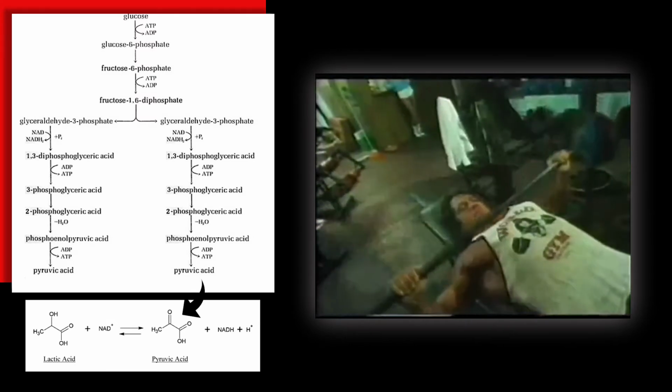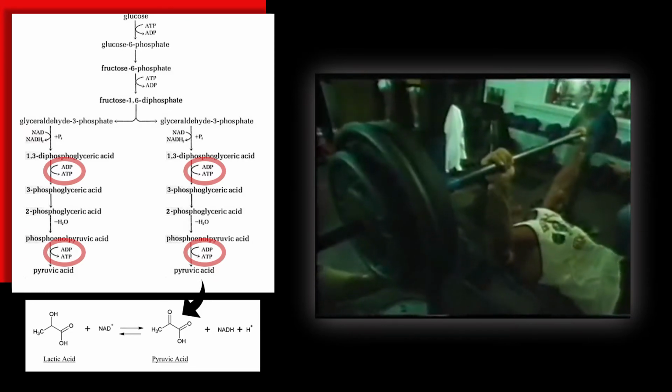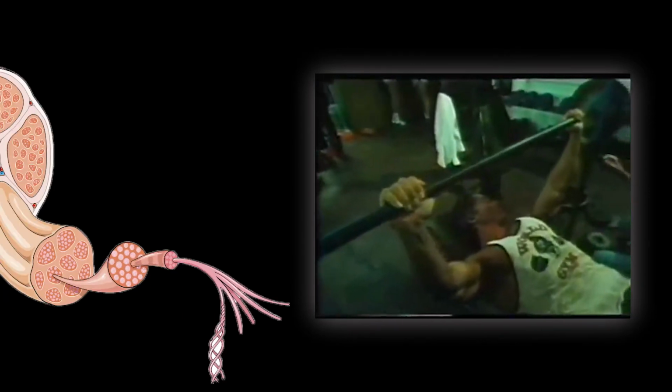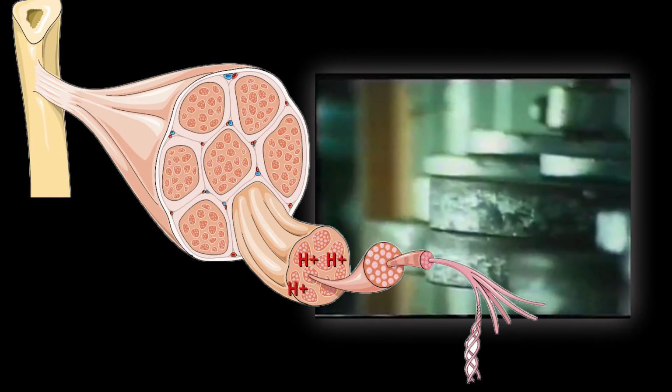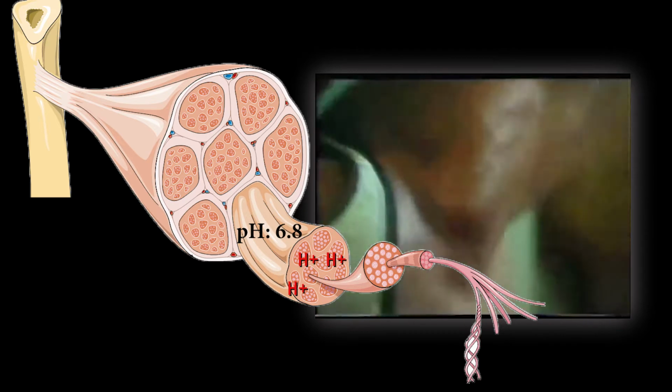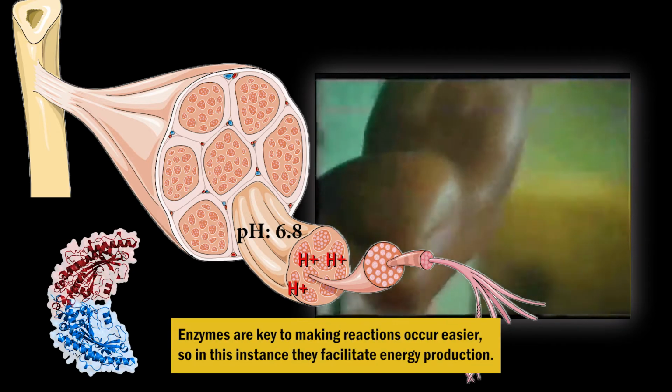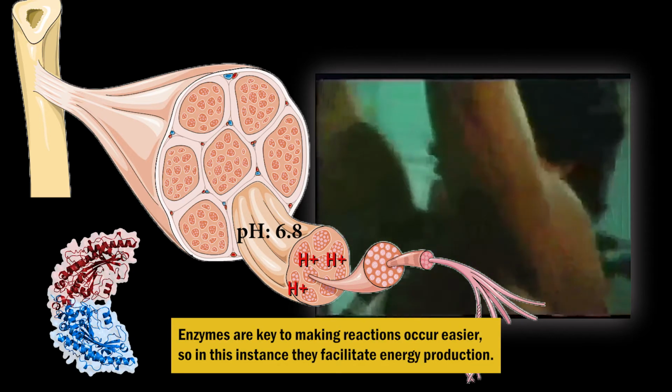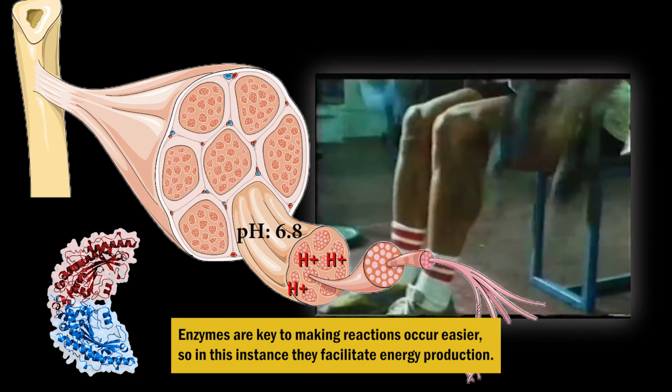For training that extends beyond a single repetition, our cells employ anaerobic glycolysis, which is another very quick system of energy. But as a consequence of that quick energy, there's a production of hydrogen ions. Hydrogen ions decrease the pH of the muscle, making key enzymes less able to function, as enzymes function optimally within a strict pH.